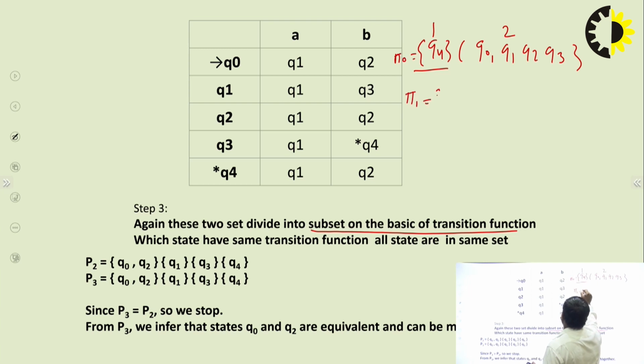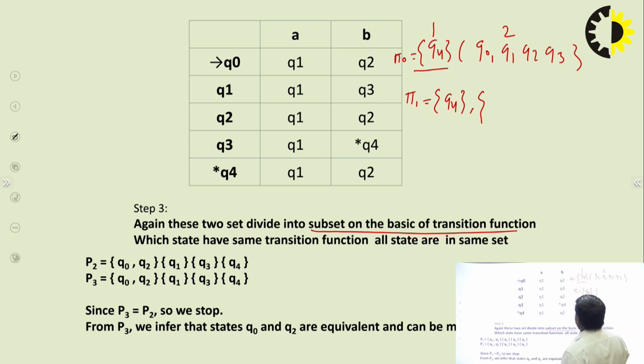This is known as the first iteration, pi 0 and pi 1. Now, we check the transition function of Q1. If it is similar to another state, then Q1 and that state lie in the same set. If it is not similar, then it lies in a different set.